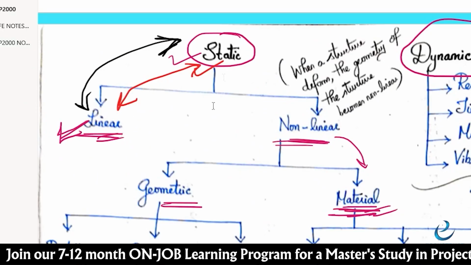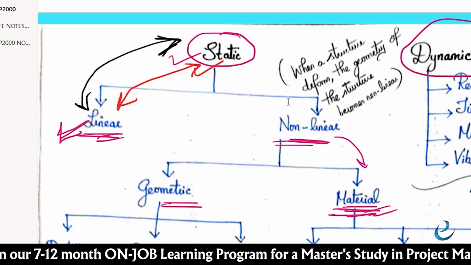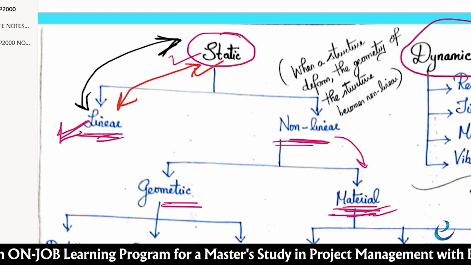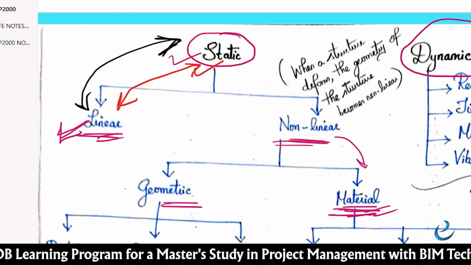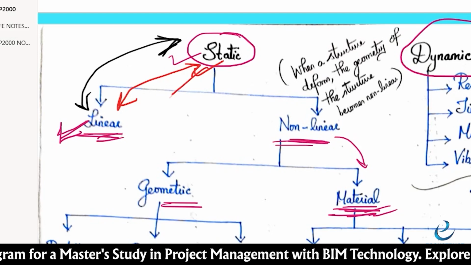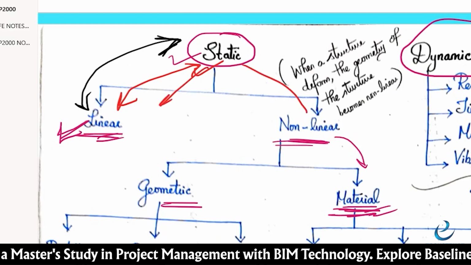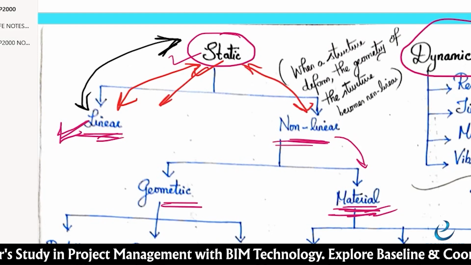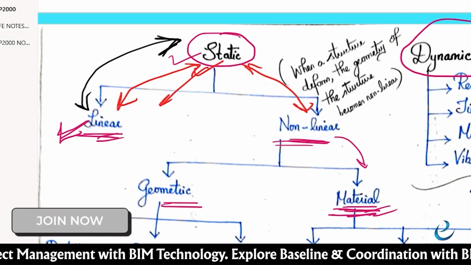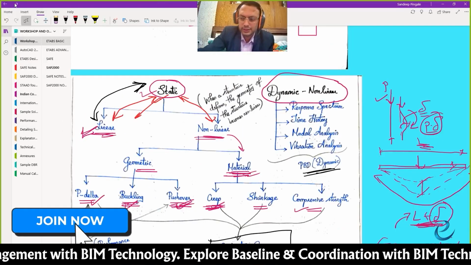Let's take the non-linear static, just non-linear static. What do you mean by that? This one is just linear static. This one is just non-linear static. There is no further non-linearity defined. So this is also one type of analysis. Please understand that, it is very, very important.